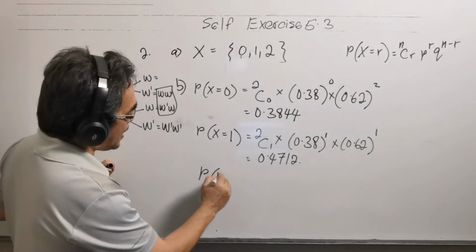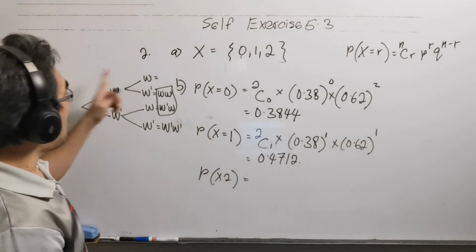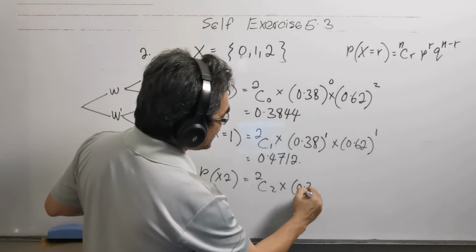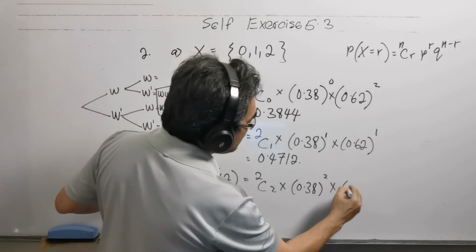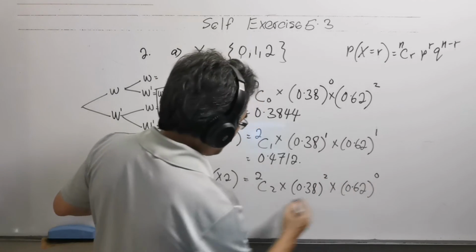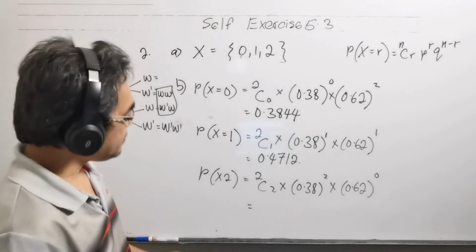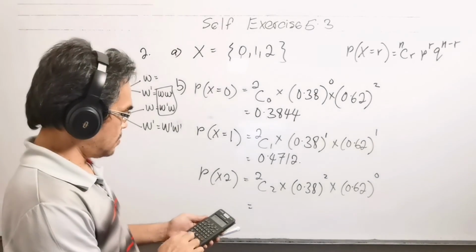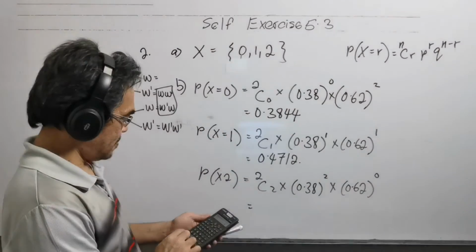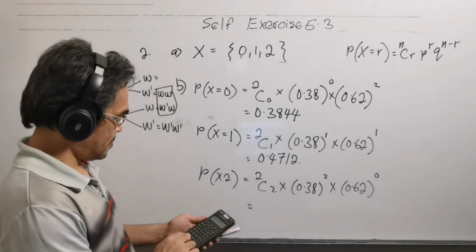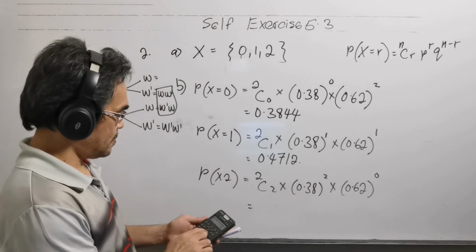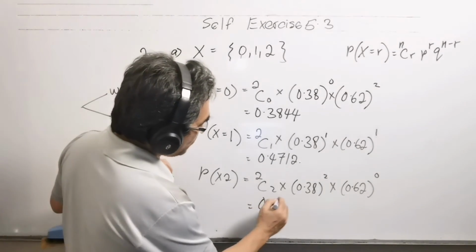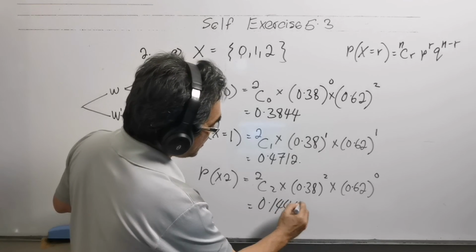And then when P(X=2), both cars are white, so 2C2 times 0.38 to the power of 2 times 0.62 to the power of 0. So here it will be 0.1444.